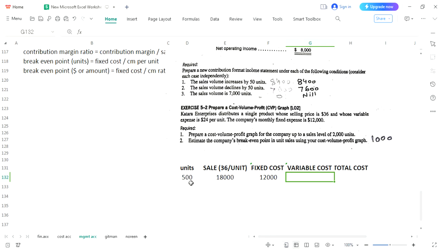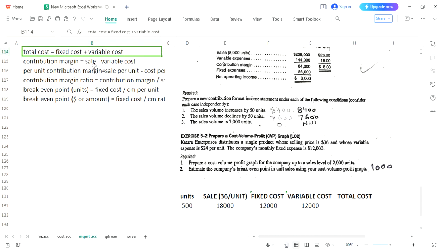If for one unit 24 is the cost, how much cost would be for 500? You will multiply 500 with 24, and this way you have calculated your variable cost. And finally, you will be calculating your total cost. And how do you calculate total cost? By adding fixed and variable. And we have seen how to calculate your total cost.